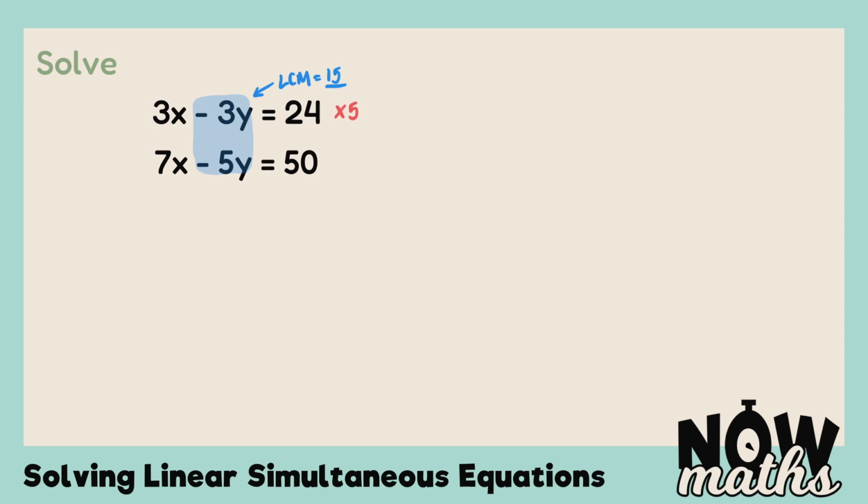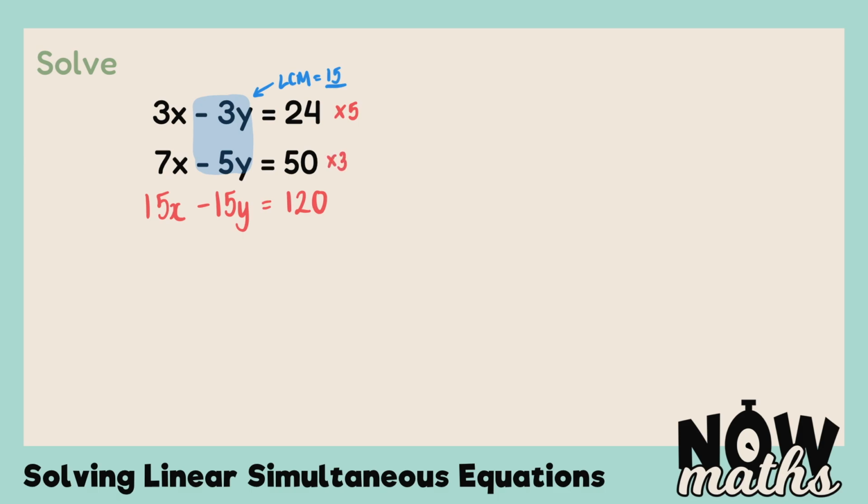So 3x multiplied by 5 is 15x. Negative 3y multiplied by 5 is negative 15y. And 24 multiplied by 5 is 120. Now looking at the second equation, if we want to make 5y into 15y, we have to multiply by 3.